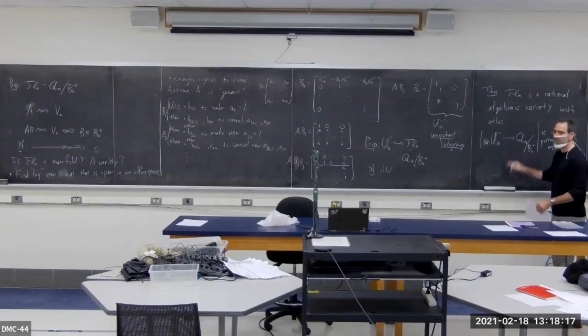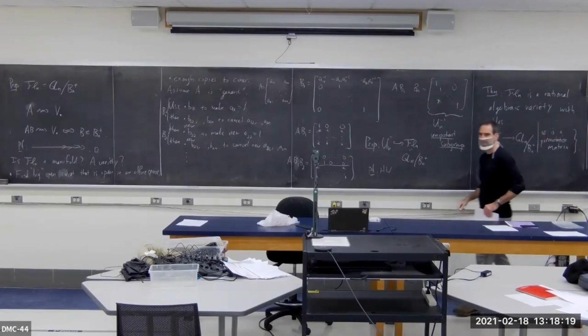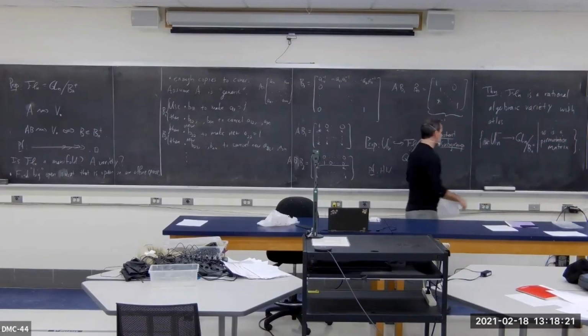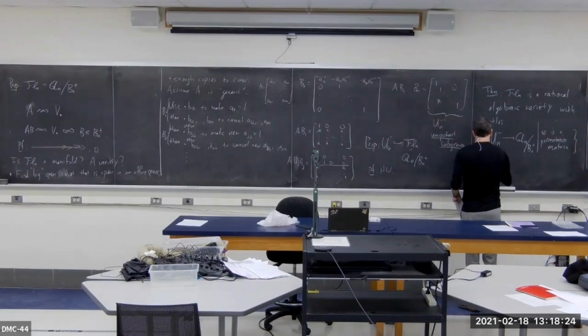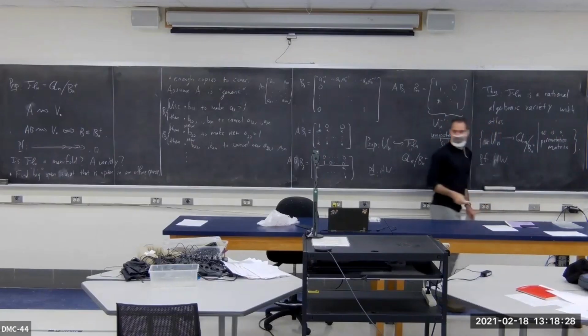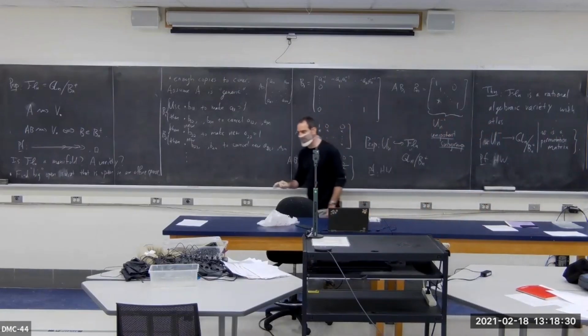Permutation matrix means it has exactly one 1 in each row and column. The proof is, again, simply the whole. But I won't ask you to do this for the exam.